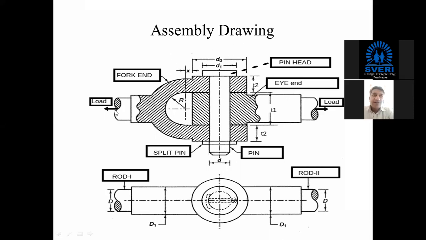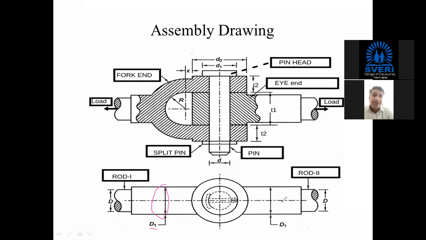In this case, we'll use the nomenclature capital D as the diameter of the rod. Then D1 is the diameter of the extended part of the rod. That extended part of the rod is just here, one step has been provided, and this rod has been extended, and this dimension we are going to consider as D1.